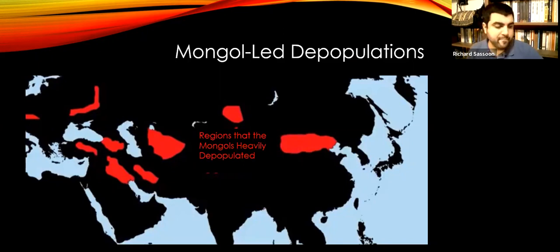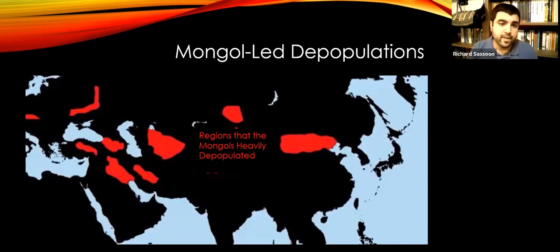This also goes to Beth's question. If you look at this map, the areas in red are areas where the population sunk by double-digit percentages when the Mongols hit those areas. And you can see that a significant number of them are in the heart of the Middle East, right? You have Khwarezm, that area in the western part of Central Asia. You have the area in the Tigris and Euphrates river valleys, right?